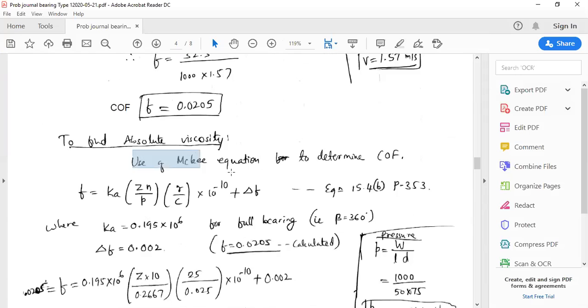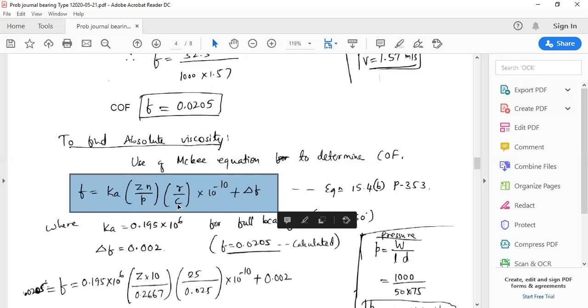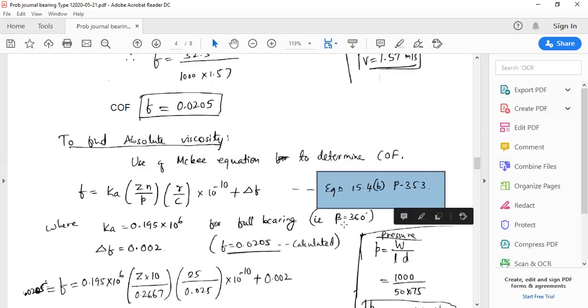Now using Mackey's equation of coefficient of friction. To determine coefficient of friction, we have to make use of Mackey's equation because it is a heavily loaded case, since nothing is specified about lightly loaded case. So assume that it is heavily loaded. F is equal to Ka into Zn by P into R by C into 10 raised to minus 10 plus delta F, equation number 15.4b of data handbook, page number 353.